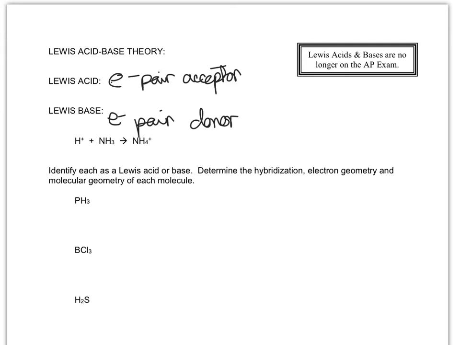An example of a Lewis acid and base is the reaction between H plus and NH3 to yield NH4 plus. Let me rewrite this a little bit differently. Sorry, my stylus is not working too well.